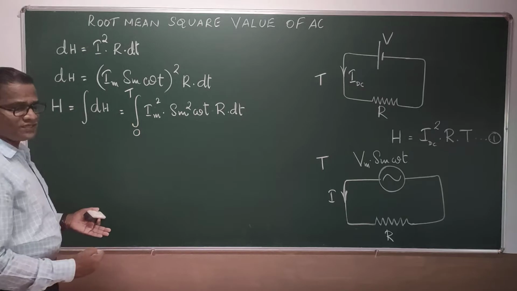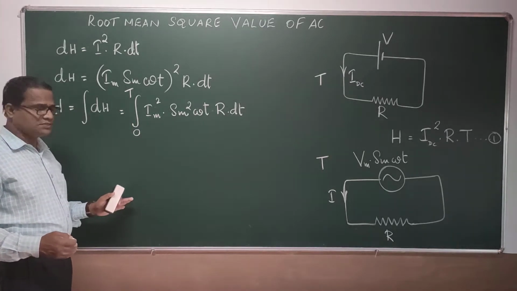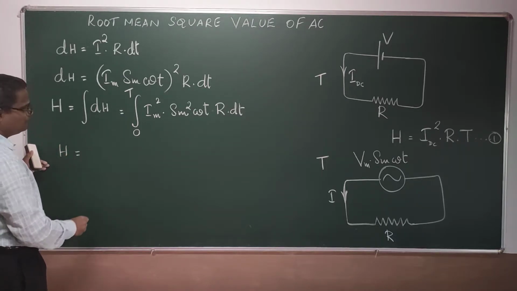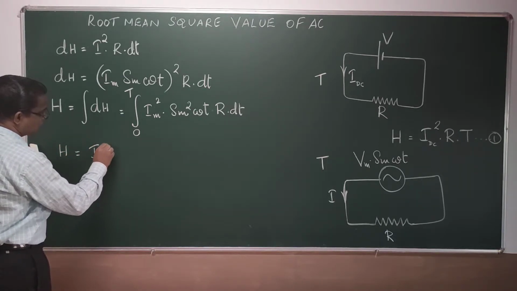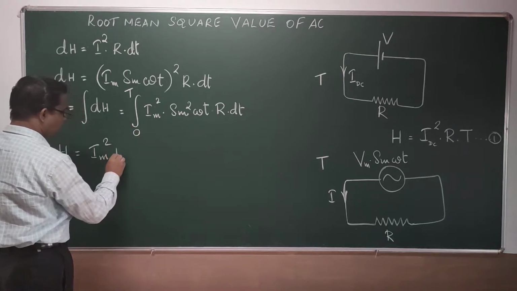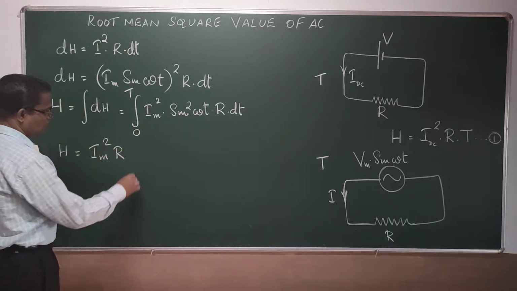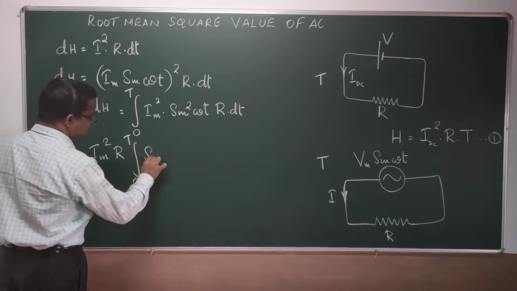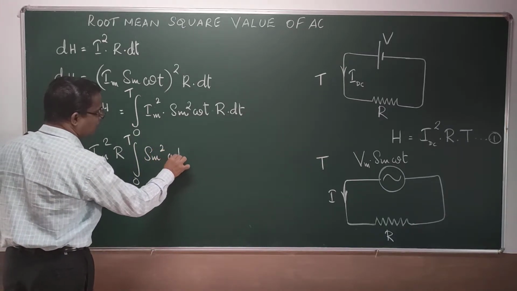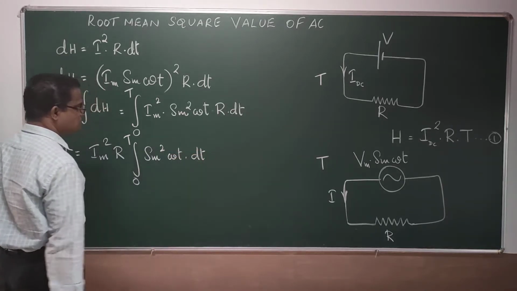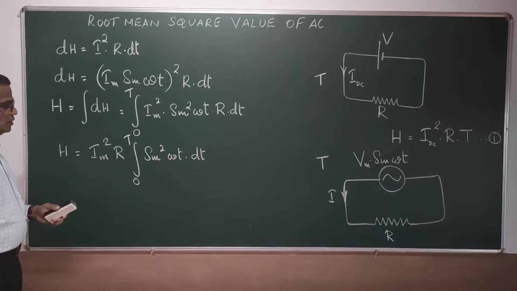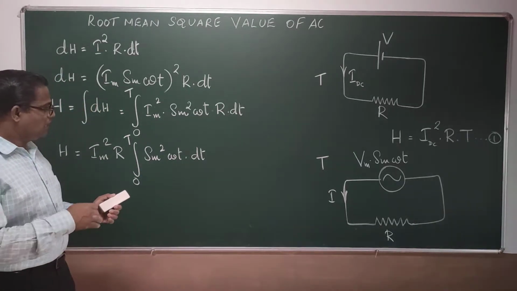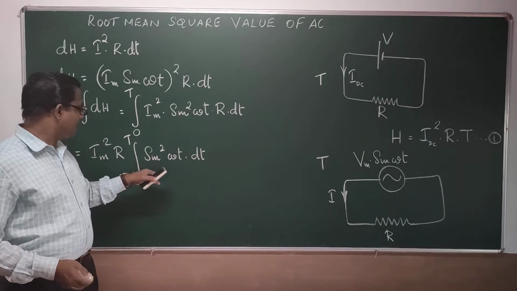Now after this it is only mathematical integration. So doing that integration, I get H equal to Im squared R, constants, into the integral from 0 to T of sine squared omega t dt. When I take sine squared omega t dt, you cannot apply the identities of integration directly.